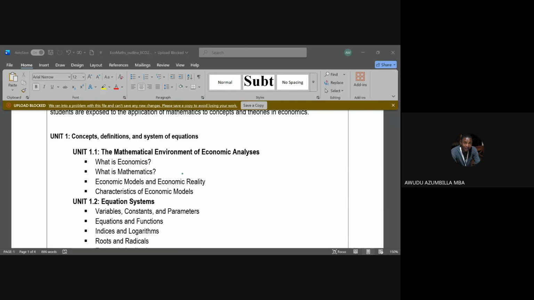So for block 1, we are going to do 3 units: unit 1, unit 2, and unit 3. When we go deep into them, you will realize that each unit has a lot of things to cover.